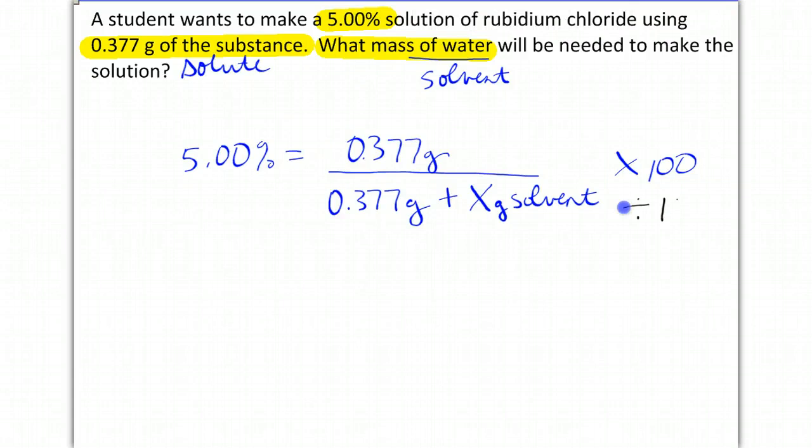So first we're going to divide both sides by 100. It's going to cause our hundreds over here to cancel.